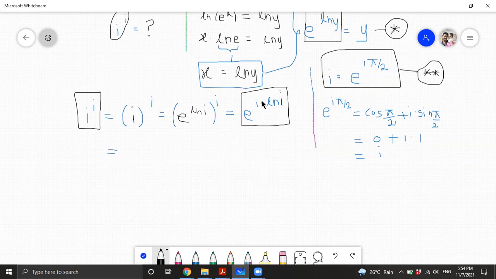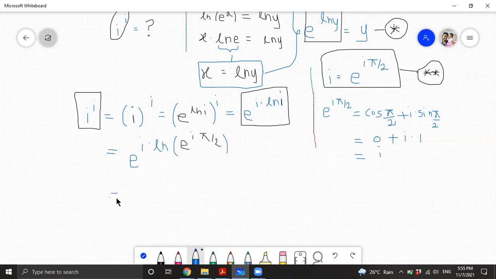I'm not going to use the double star equation in front of this i. I'm going to use it only for this side. So that will make e to the power i into ln of this i can be expressed as e to the power i pi by 2.